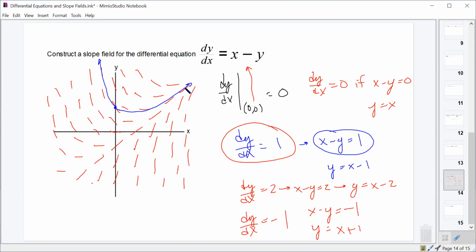Or if I was doing one below, like maybe through this point, these would get very steep. This would start narrowing out and again approach this value of 1 there. Everybody see that? Yeah. Cool.